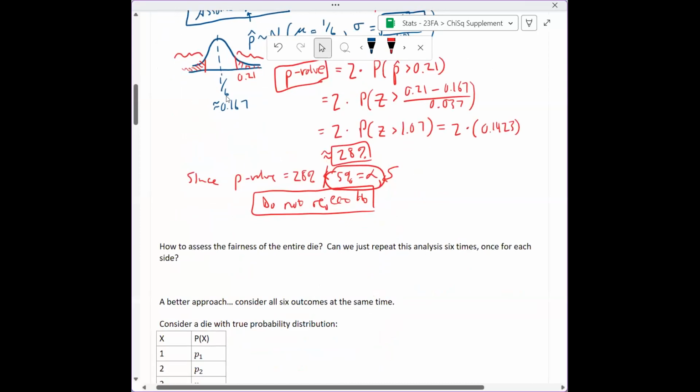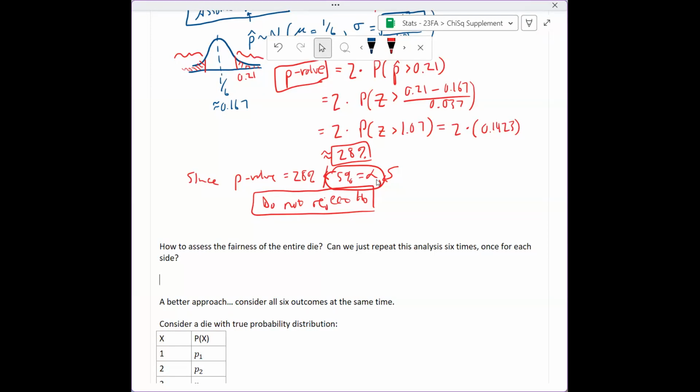So this probably isn't a great approach. Now, maybe we could cut alpha to be a smaller number, and then after we do 6 tests, maybe we get a significance level we're happy with. Maybe we take an approach like that.